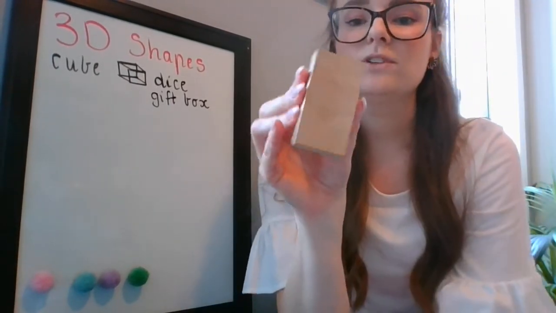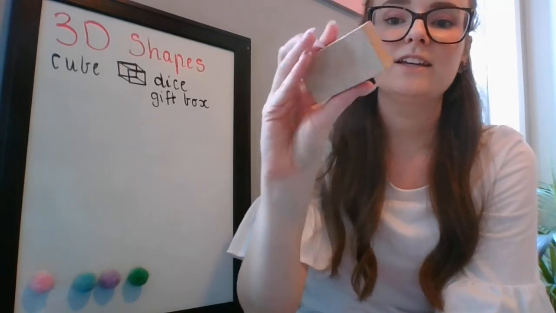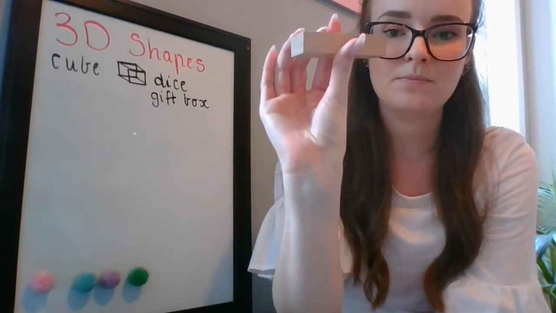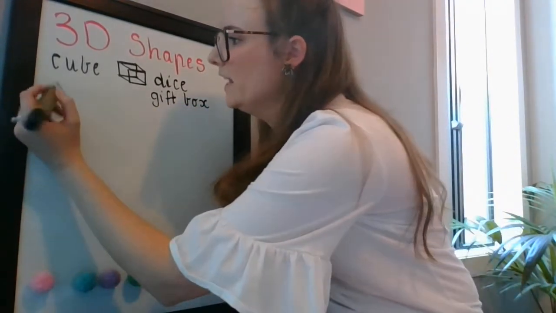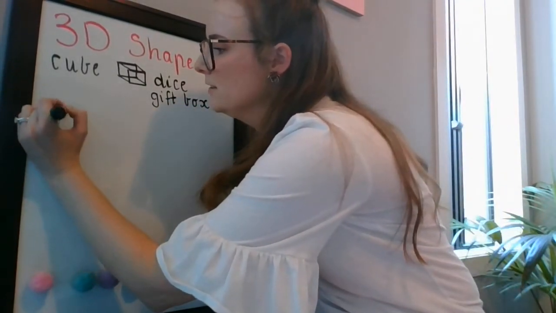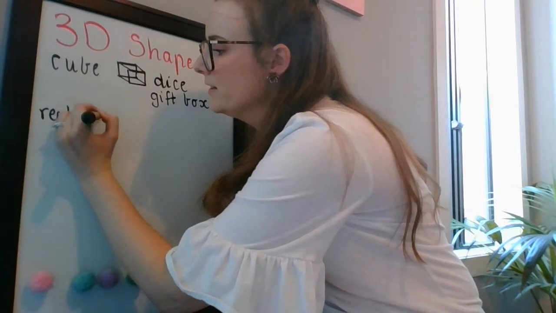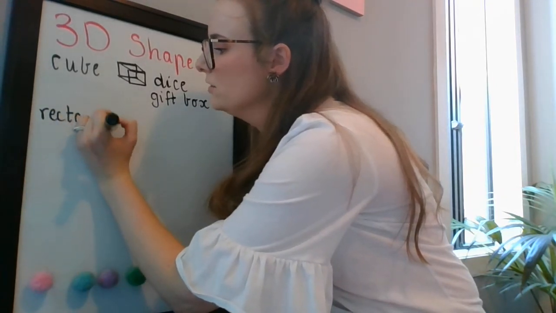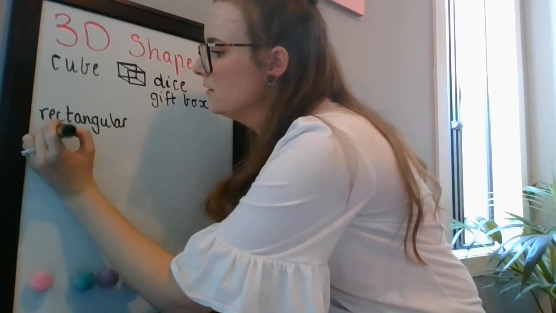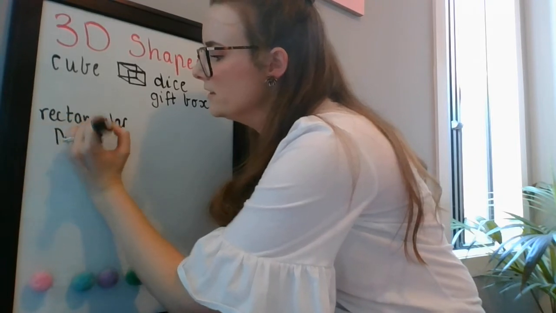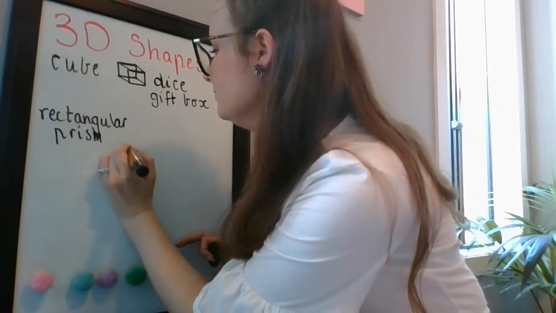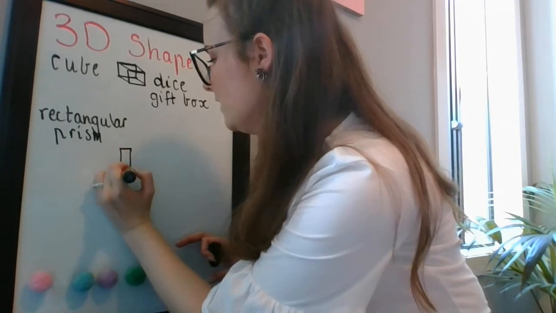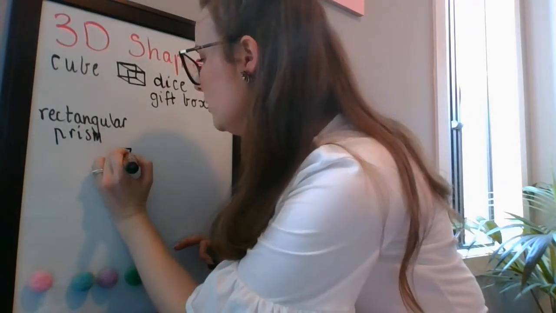If I'm looking at my rectangular prism, okay, so in my book I would write rectangular prism. Now this one's going to be hard to draw. Let's see if I can draw this. Under a little bit of pressure.